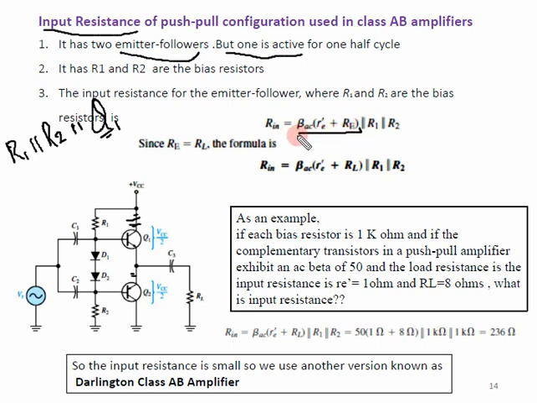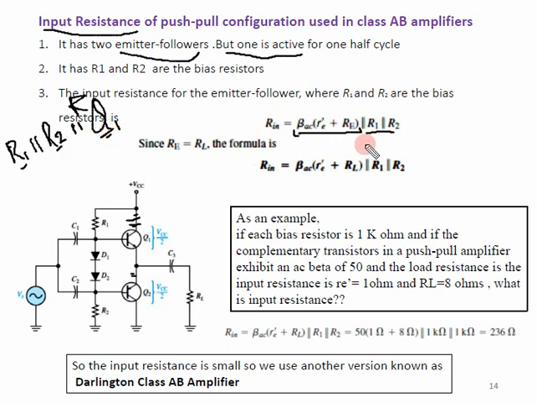For a common collector, we did last time that this is RQ1, which is basically equal to beta AC times RE plus r_e prime, and these are the biasing resistors. Remember that the input resistance is the total equivalent resistance of the biasing combined with the input resistance of Q1.